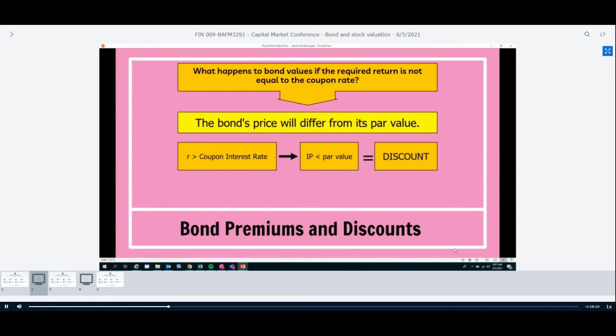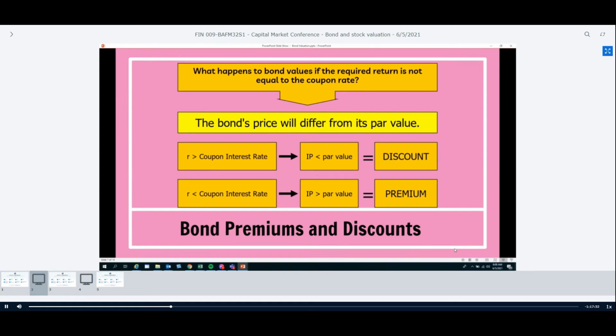So, if the required rate of return is greater than the coupon or interest rate, the price is less than the par value. So, then we have a discount. So, syempre, opposite is the premium. Ngayon, kailan ba tayo bumibili at a discount? Kailan ba tayo bumibili at a premium, no? So, dependent on the required rate of return.